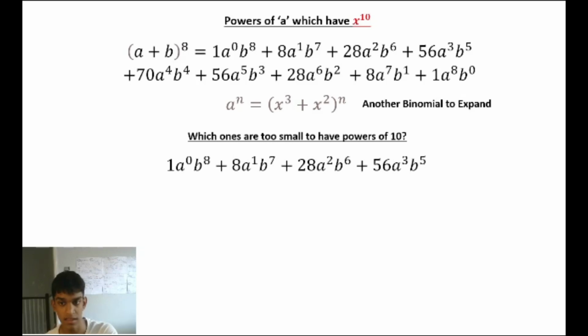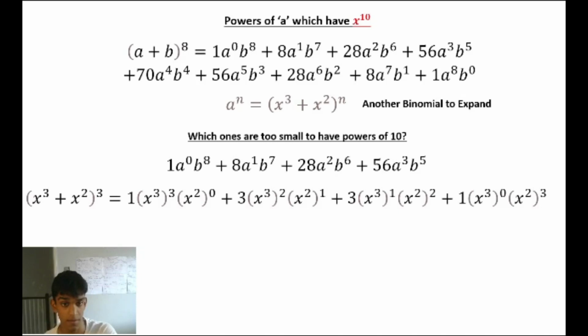I'll be expanding a to the power of 3 for you so you can understand. A to the power of 3 is this in its form, and in a more simplified form it is x to the power of 9 plus 3x to the power of 8 plus 3x to the power of 7 plus x to the 6. So why can't this ever contain a power of 10?